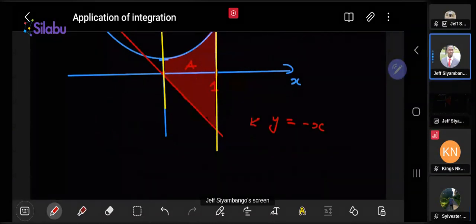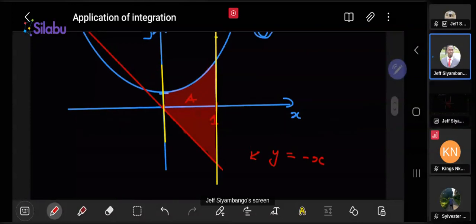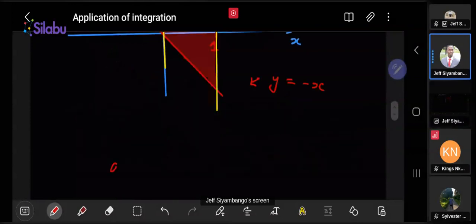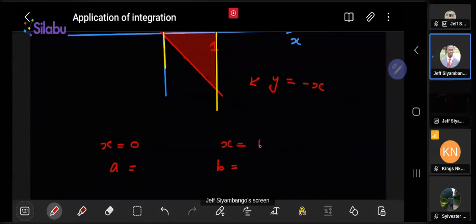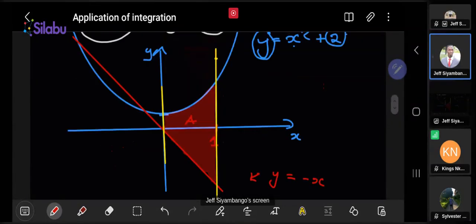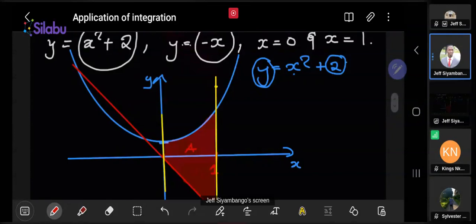Okay. The key there lies in the value of A and the value of B. The question says from x equals 0 to x equals 1. So this is telling me that A here is 0 and B here is 1. It's specified right here.